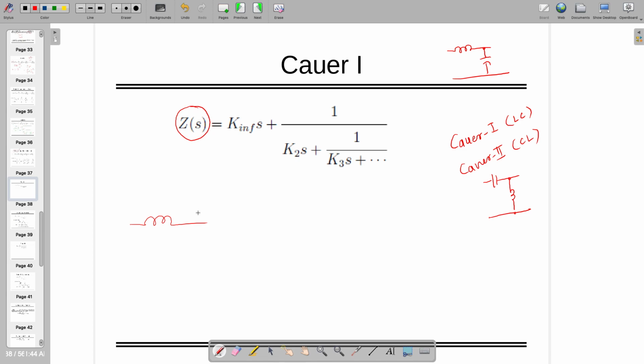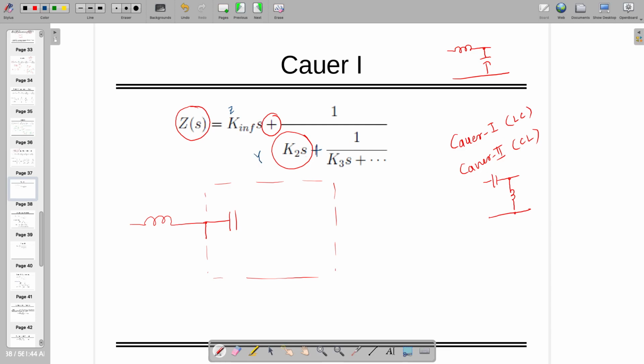Inductor. This is impedance, so the whole function will be in series. I'm going to keep it here, right? This one is capacitor, but this part was impedance, and this part becomes admittance.